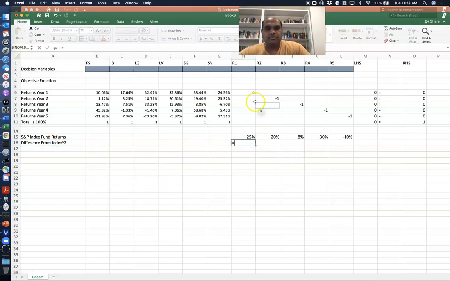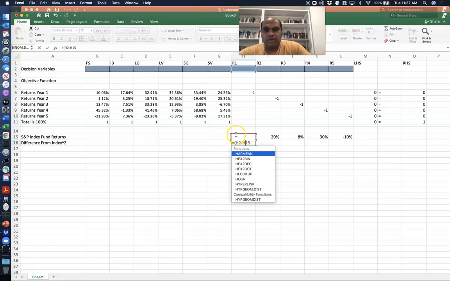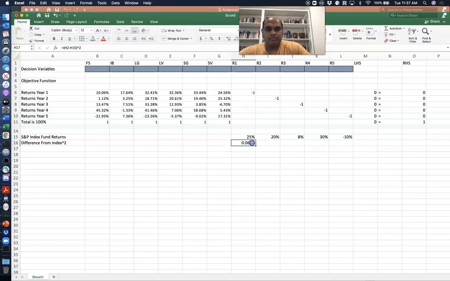So you say this is equal to the return that you get for that scenario minus the S&P index, squared.